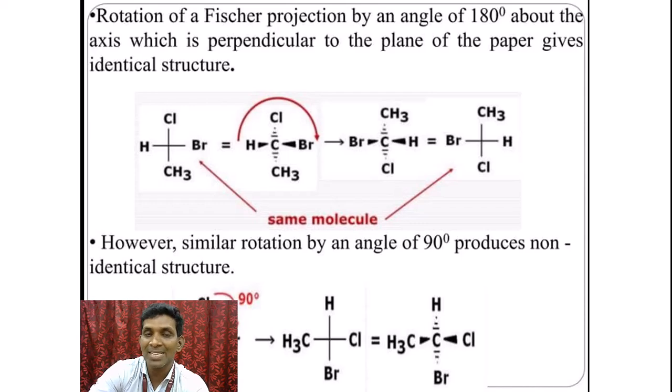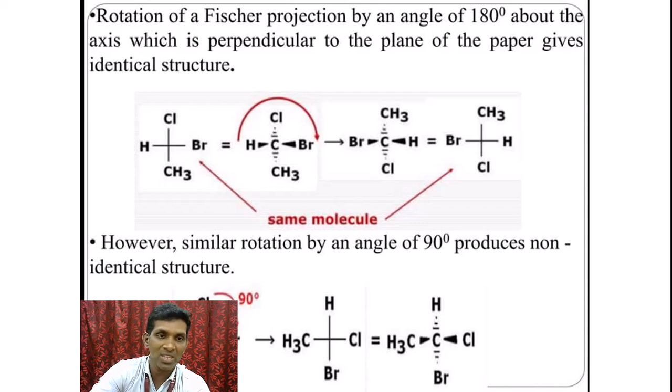It is visualized in this compound. If you take this Cl, CH3, Br, CH3, that is equivalent to the thick bond and dotted bond form. The group which is on the vertical bond you have to put in a dotted bond, and the horizontal bond you have to put in a thick bond, and then you rotate, and you will get the same molecule seen from the other side.